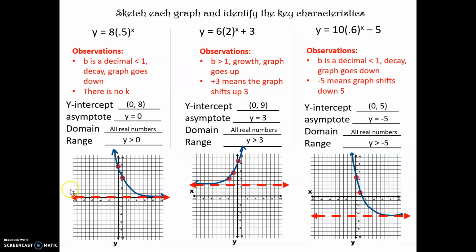So remember, the asymptote is like an invisible boundary line that your graph can never cross. It always starts out at 0 if you don't have a number on the end, so the asymptote is always at y equals 0, also known as the x-axis. But if you add or subtract a number to your equation, that's going to move your graph up or down, and in return, that also makes the asymptote shift up or down.